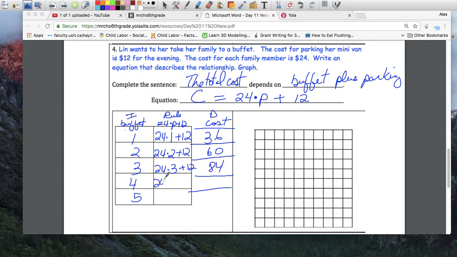4 people come, 24 times 4 people, which is 96 plus 12, 108.